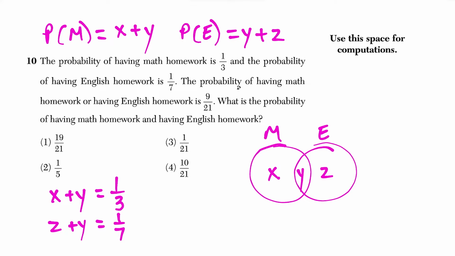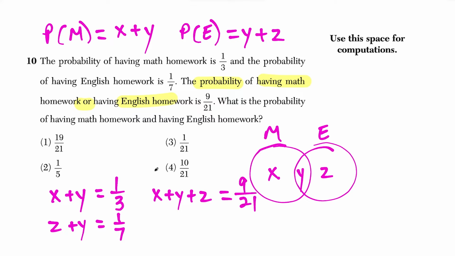So for this statement, if we read it very carefully, if we're talking about the probability of having math or English homework, then what we think about is we could either have just math, just English, or we could have both math and English. So that would be X plus Y plus Z. And this we're going to set equal to 9 over 21.